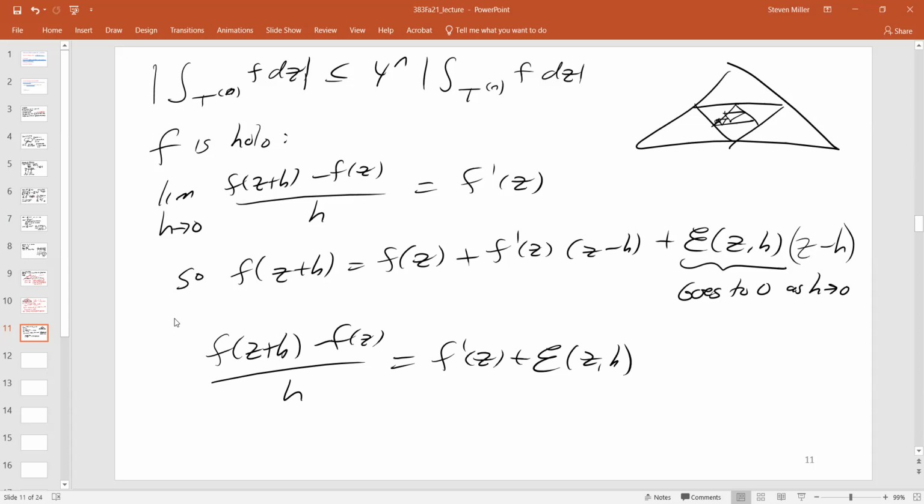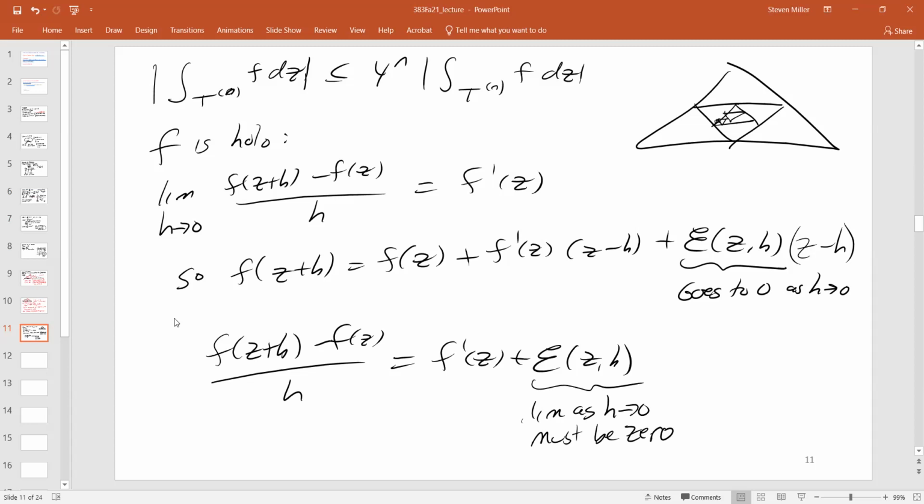How much does it miss by? Let's just call it error. I can call it whatever I want. And what must be true about this error? It must be that as h goes to 0, this has to go to 0. So the limit as h goes to 0 must be 0. And now I'm just multiplying through by h, and that's just how I'm getting the previous line.